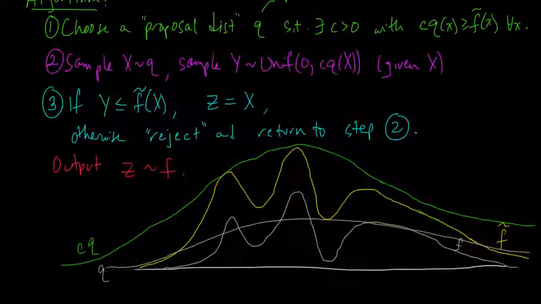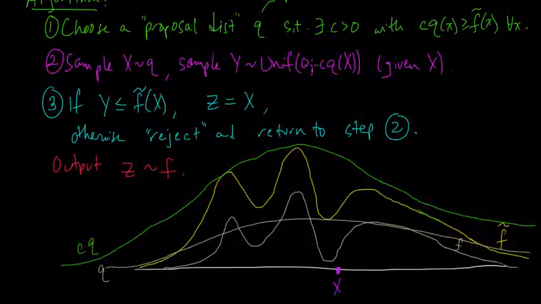So what's going on here? We sample from q. So maybe we get a sample like here. Let's say that's our x. And then we draw a sample from the uniform distribution on the interval from 0 to cq(x).